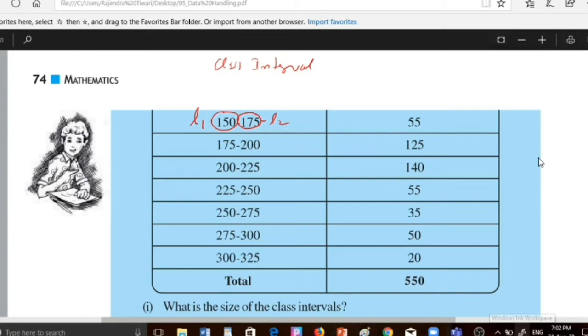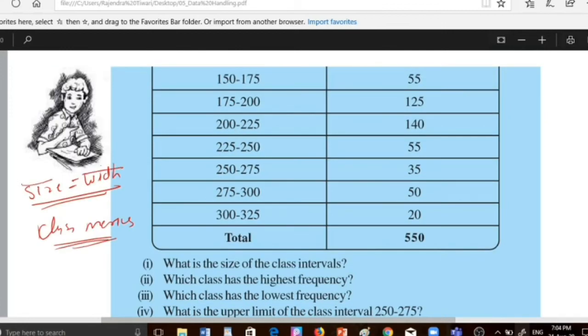So 150 is a lower limit, 175 is a lower limit, 200 is a lower limit, and these are the upper limits. The difference between the upper limit and the lower limit is called class size, so L2 minus L1 is the class size. Class size, class width and class mark, all three are the same.